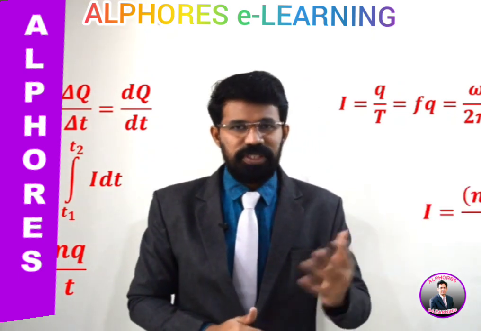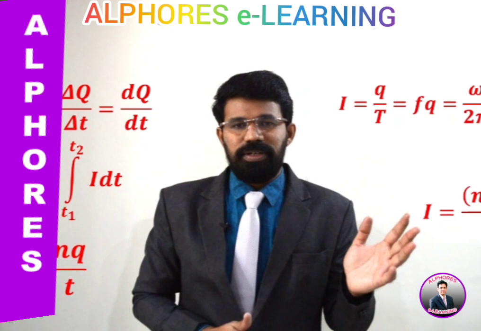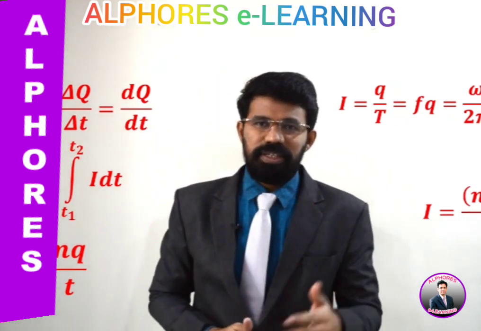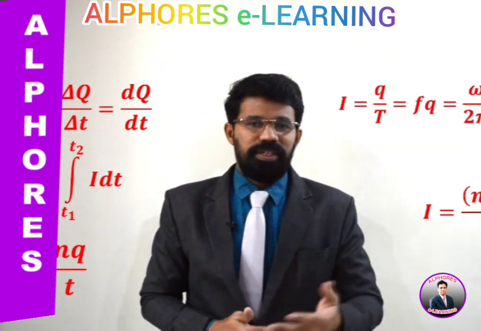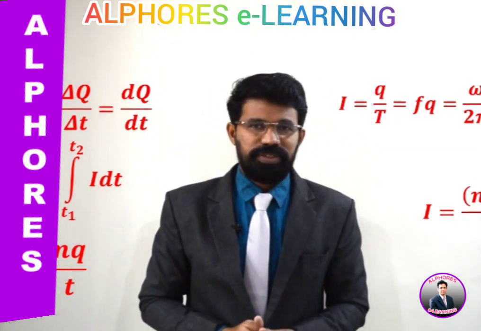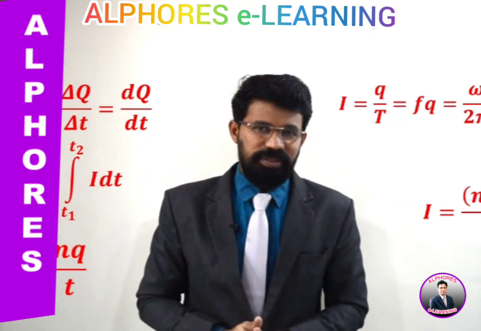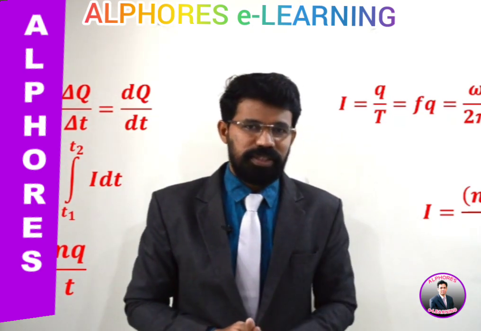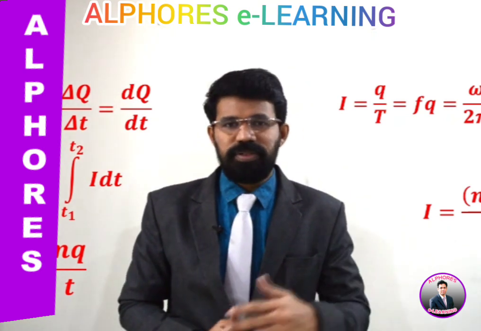And the next one is this equation: I is equal to (n1 plus n2) into e by t. So n1 charges were flowing in the forward direction, and n2 charges were flowing in the opposite direction. Then the net flow of charge will be n1 plus n2 multiplied with their charge, divided by t. Here n2 is actually electrons, negatively charged particles, and n1, yesterday we took as positively charged particles.